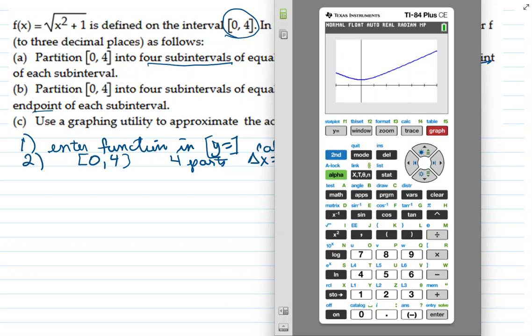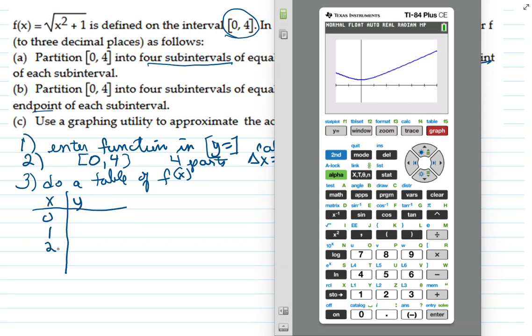Okay. So we're going to do a table, and we're doing 0, 1, 2, 3, and 4.